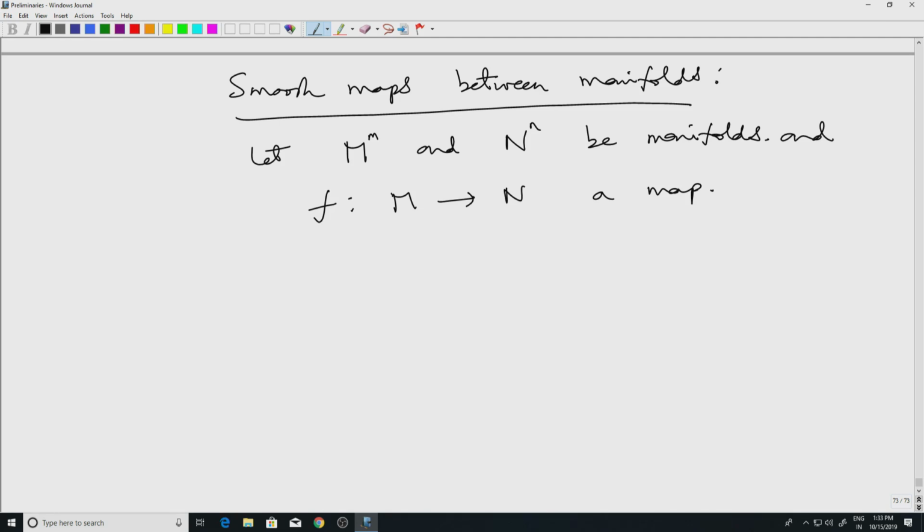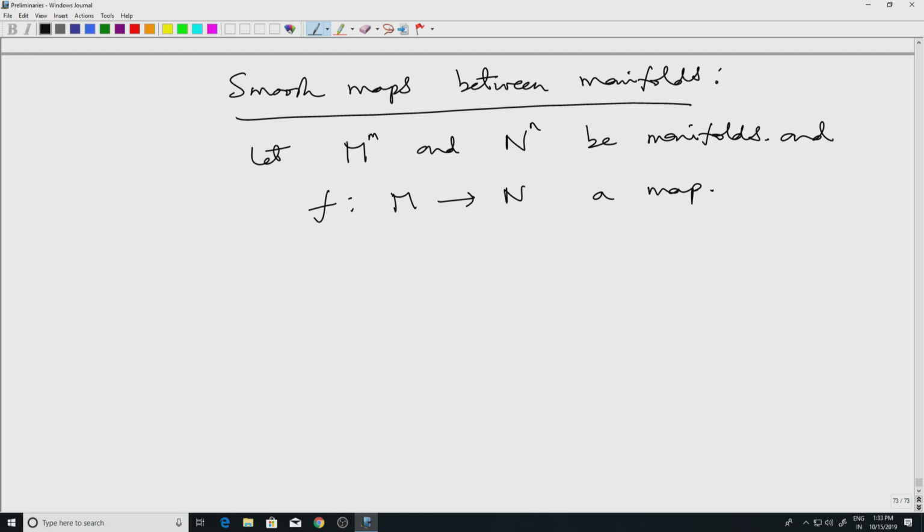We want to talk about differentiability of such a map between two manifolds. The point is, the only notion of differentiability that we know until this point is Fréchet differentiability of maps between open sets in Euclidean spaces. So ideally one would like to reduce to the case of Euclidean spaces, and then using that one should be able to say that this F is smooth.